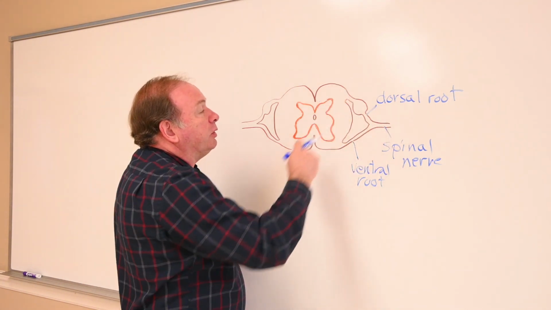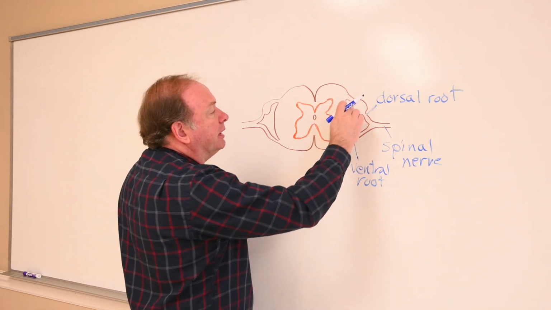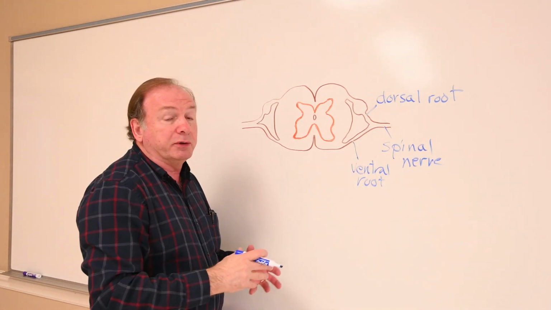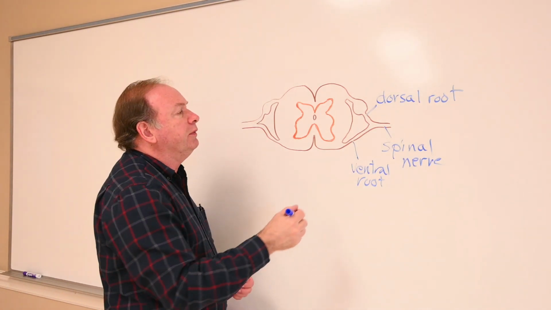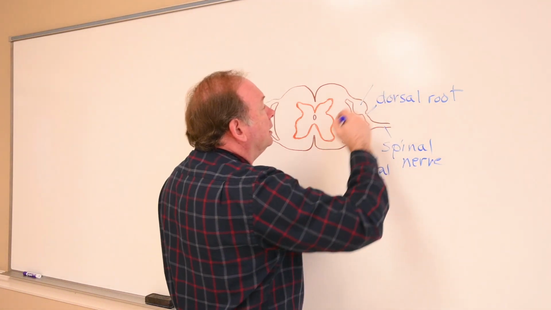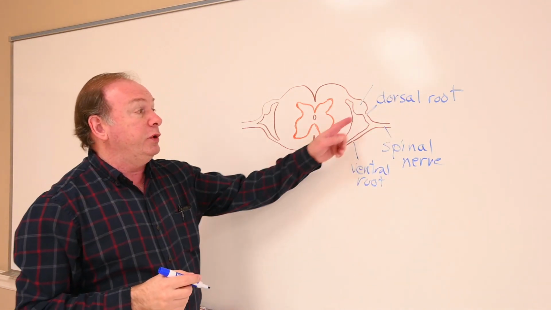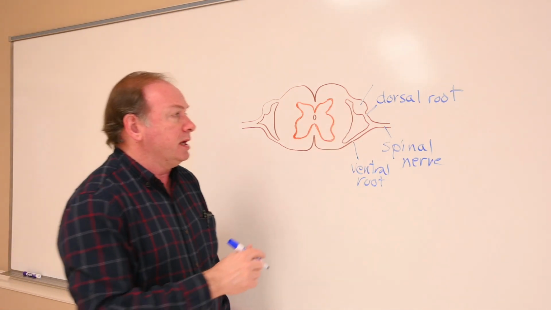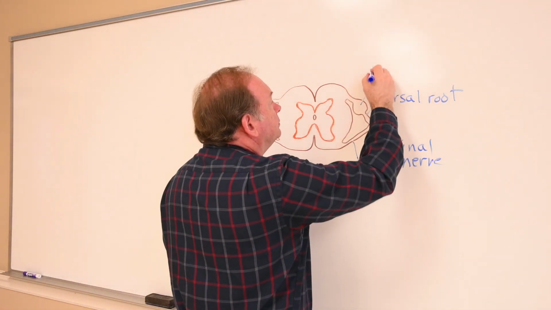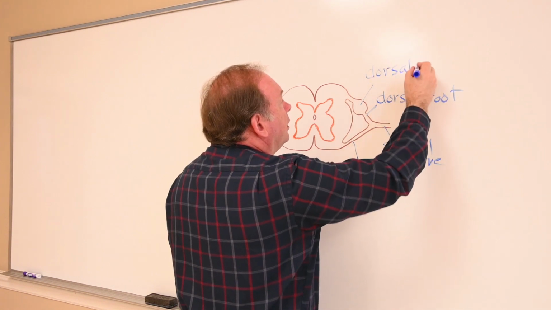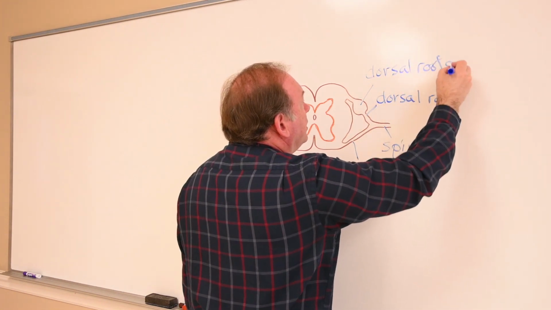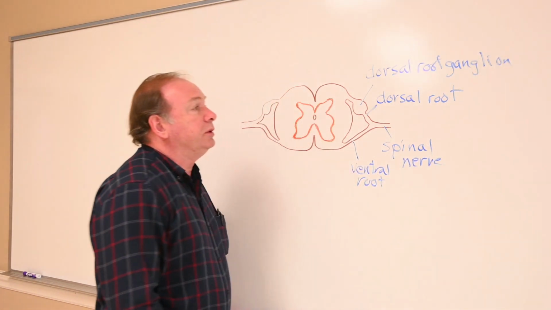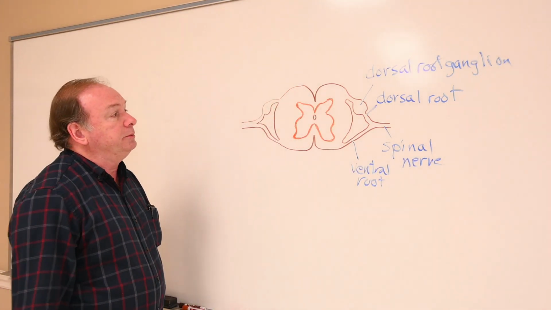Along that incoming dorsal root, there are nerve cells clustered outside of the spinal cord. This is derived from neural crest tissue of the embryo. We sometimes call that the dorsal root ganglion, or sometimes the sensory ganglion.